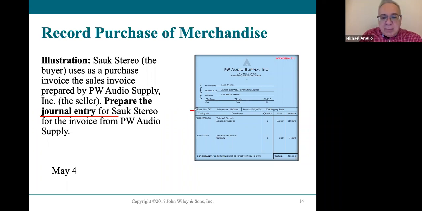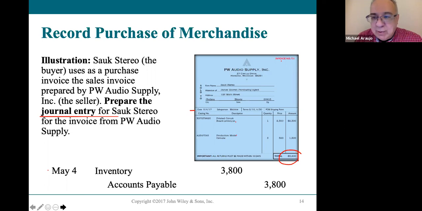Again, they bought it on May 4th, so of course, you know it's chronological. They bought $30 to $100 worth of inventory. So inventory is going to increase by $30 to $100. And of course, they just got an invoice, which to Sock Stereo is an accounts payable. So this is the first thing you have to know.